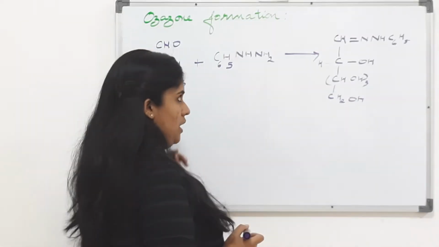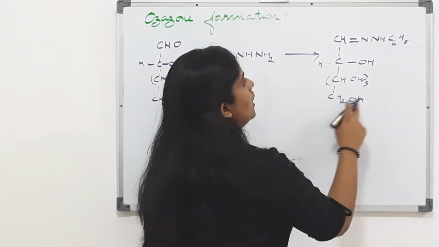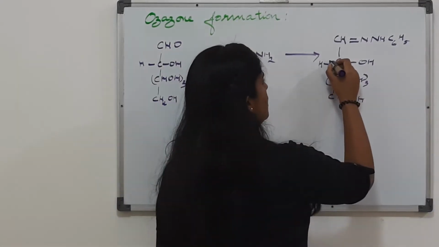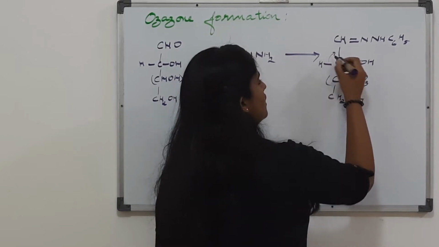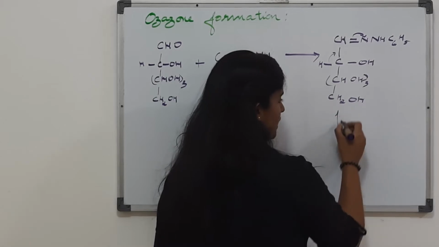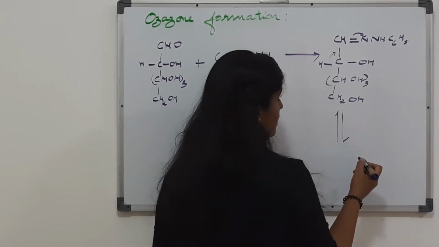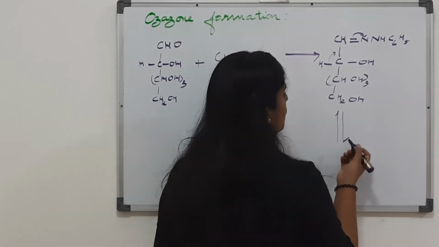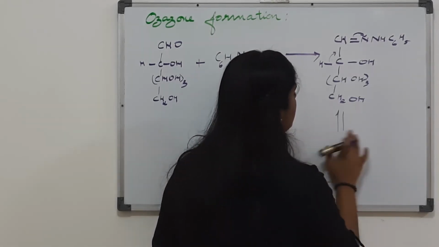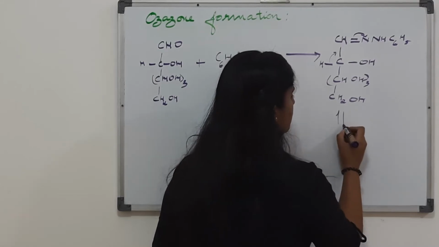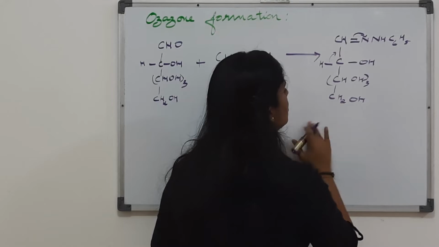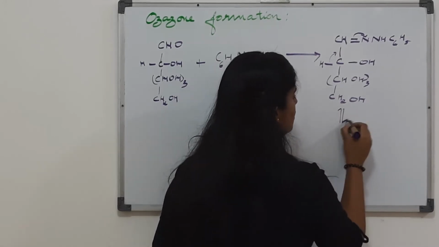Now what can happen is a tautomerization. Enamine tautomerization of this happens, where this H can go off, and an enamine is formed.